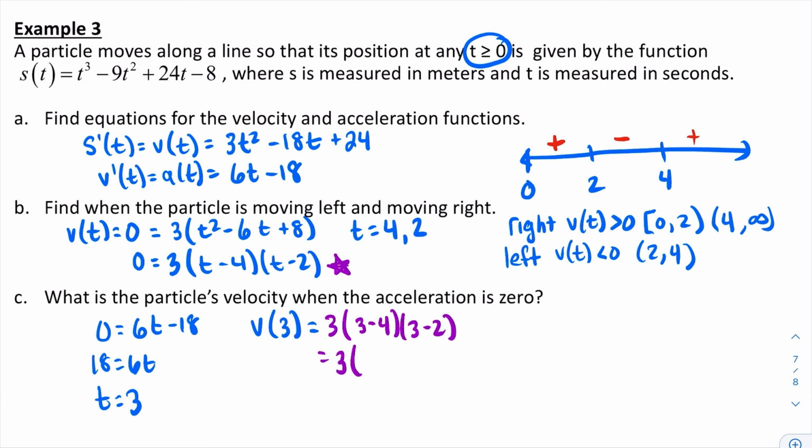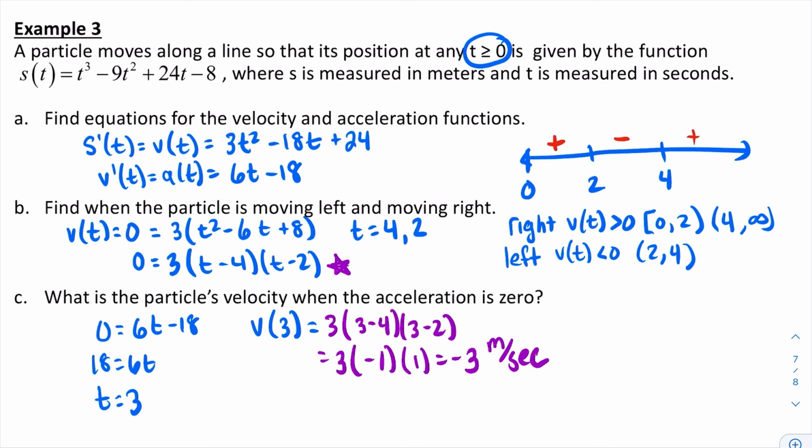The reason I know it's going to be easier is that when I subtract 3 and 4, that's a lot easier than squaring 3 and multiplying it by 6. Okay, so our velocity when our acceleration is 0 is negative 3.